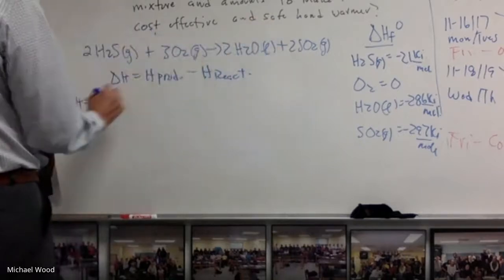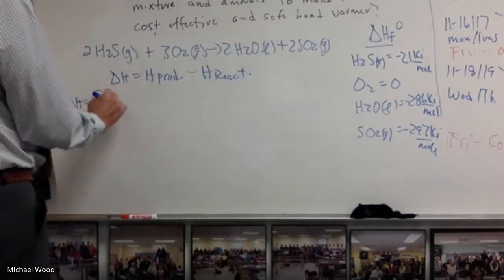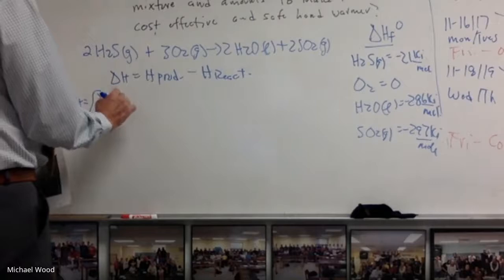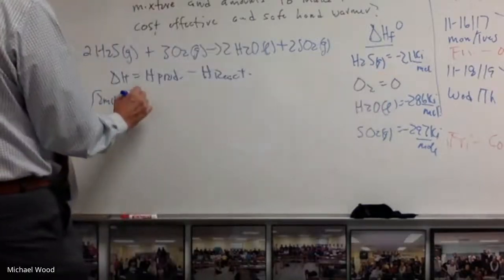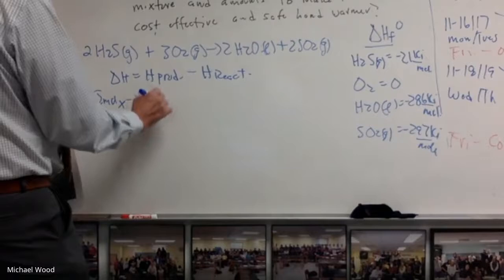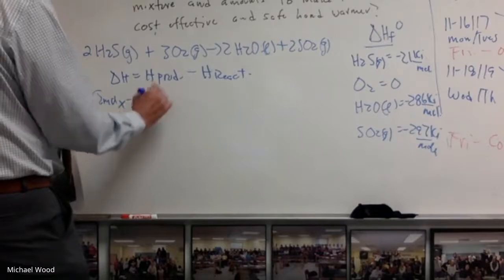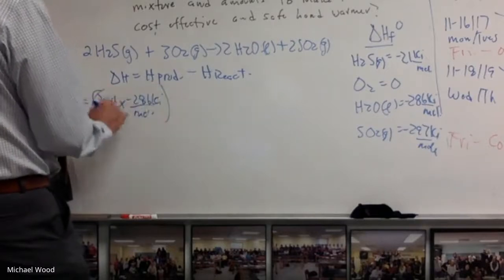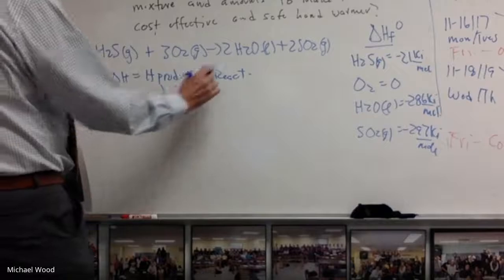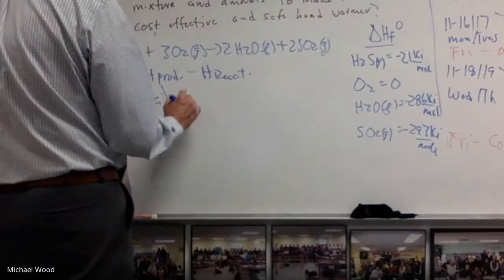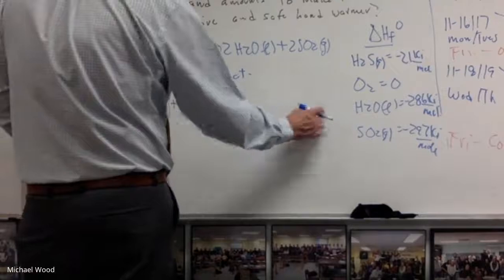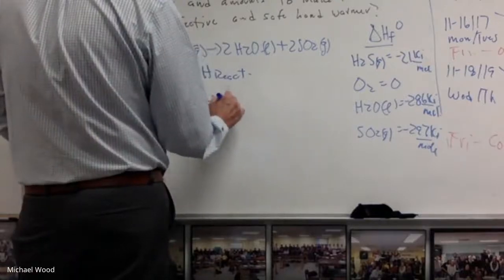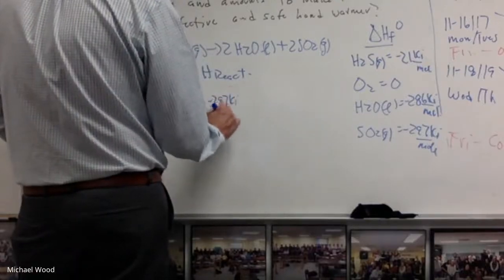The coefficient is 2, so I have 2 moles of water, and water is negative 286 kilojoules per mole. So the moles cancel out, plus 2 moles of SO2, and SO2 is negative 297 kilojoules.